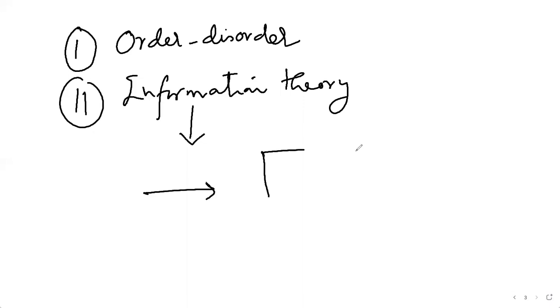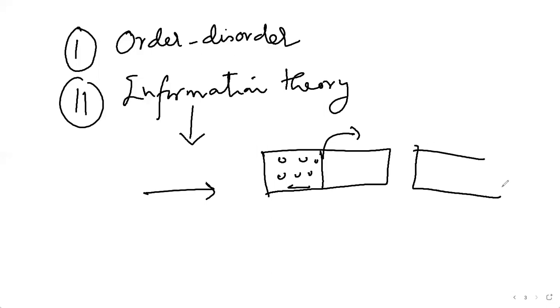For example, if a container में gas भरी है and you divide the container, or फिर you remove this wall, you see there is a spontaneous flow of gas molecules, and the final state will be one where molecules occupy the whole region, right?